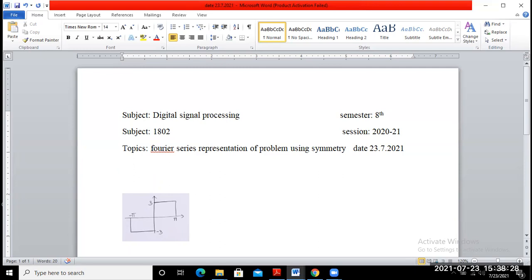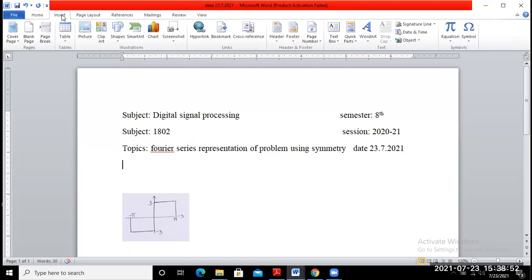Any signal can be represented in Fourier series by the standard formula: x(t) = a0 + summation of n = 1 to infinity of an cos n omega t plus bn sin n omega t.